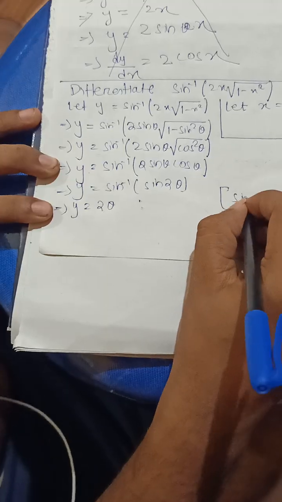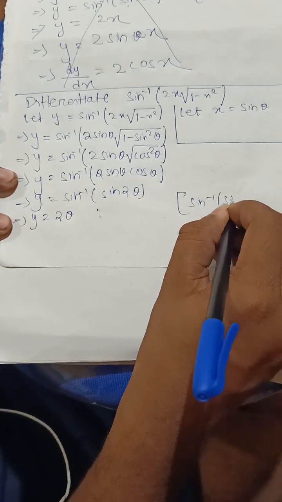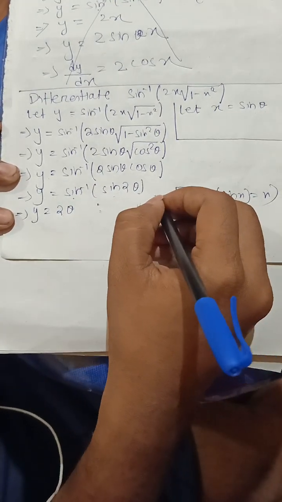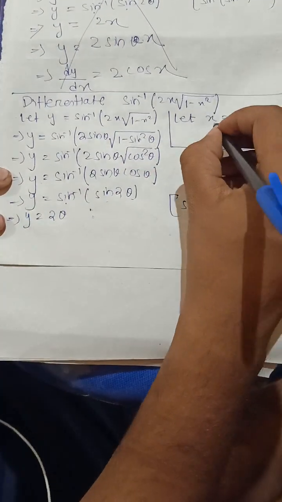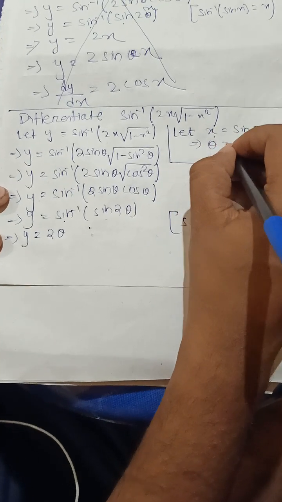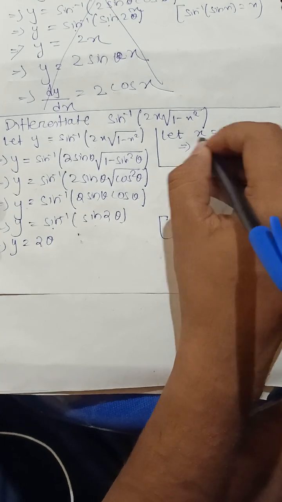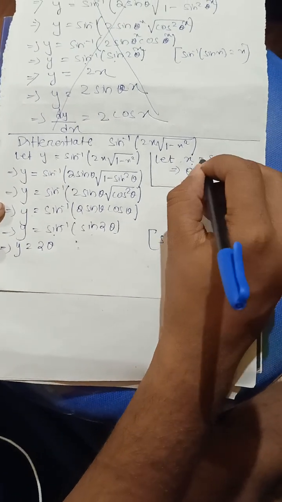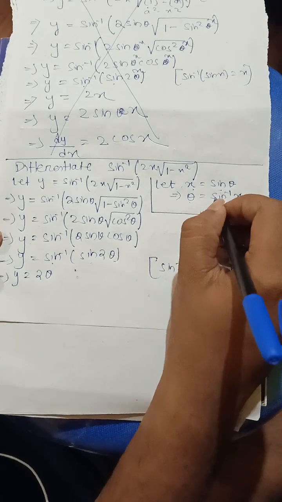Since I have told you that sine inverse of sine x is x, sine inverse of sine 2 theta is 2 theta. You know x is equal to sine theta. How to find the value of theta? If x is equal to sine theta, theta is sine inverse x.